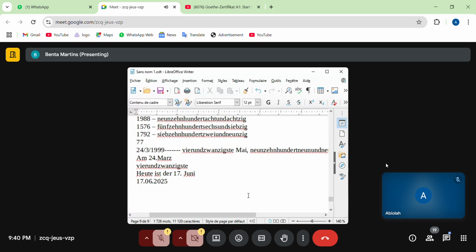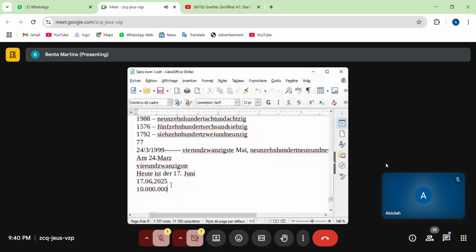So in terms of writing dates and numbers, the German format, let me say 10 million. We're going to use dots. Remember, in English we usually use a comma.